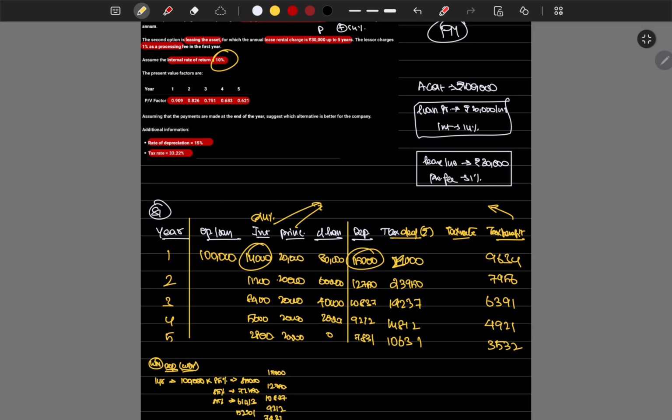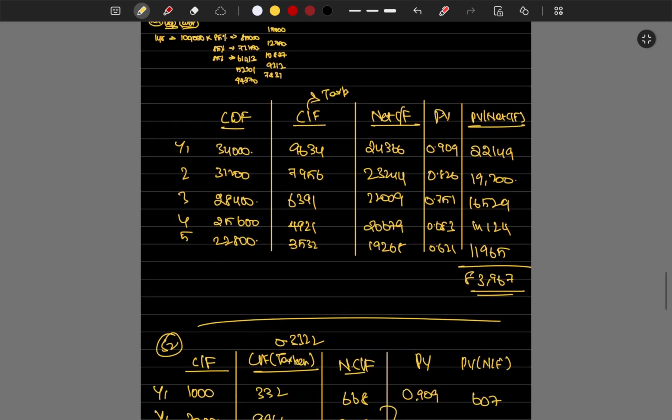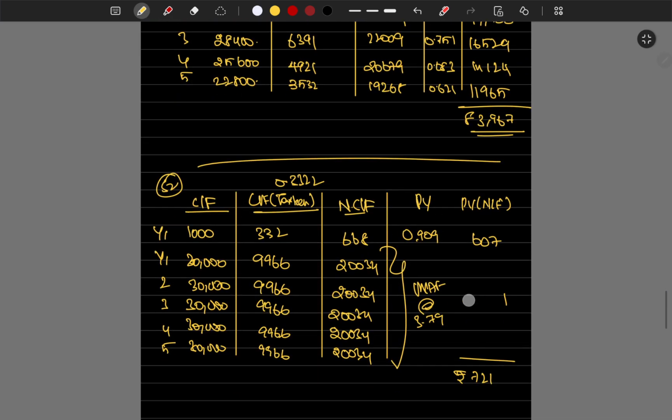And this will be 1.1, then 2, 3, 4, 5. It is 3.79 only. We have taken the wrong value. Okay, we have to correct that again.